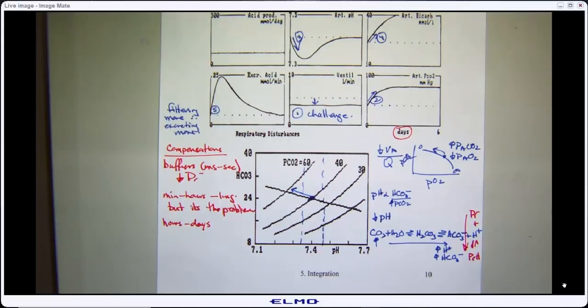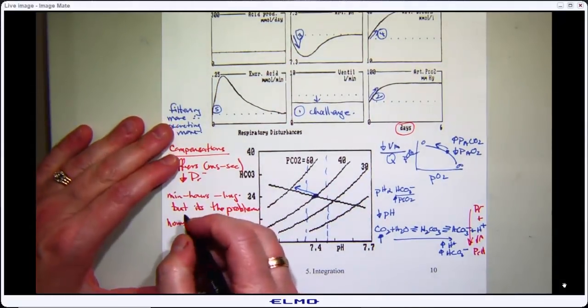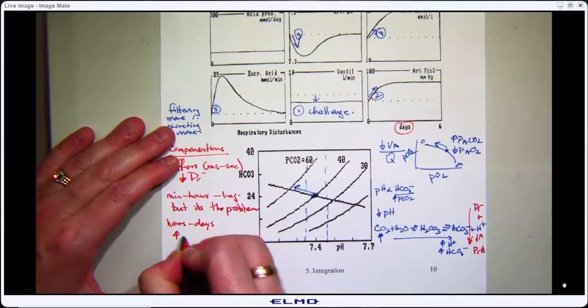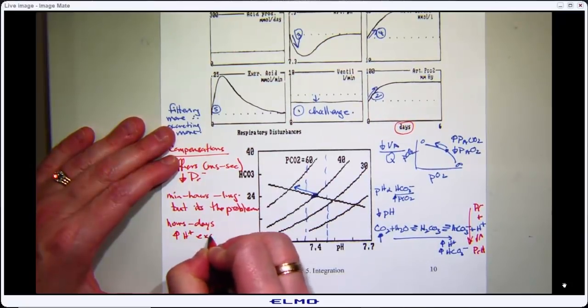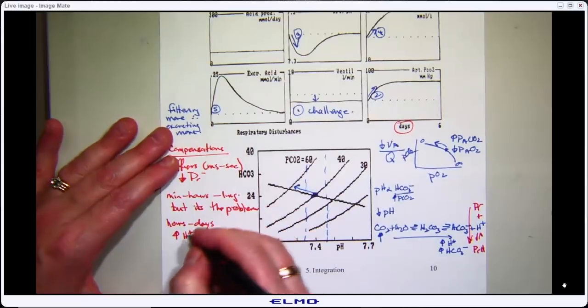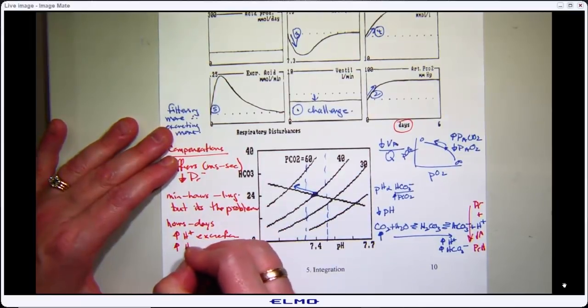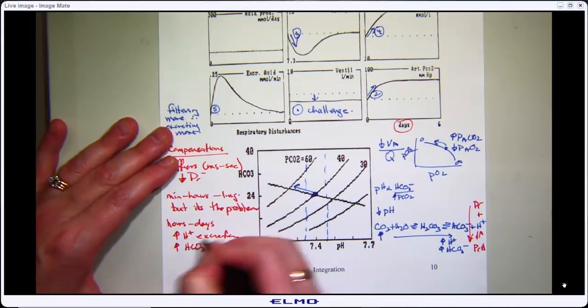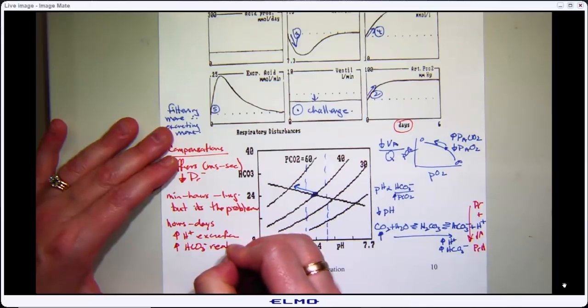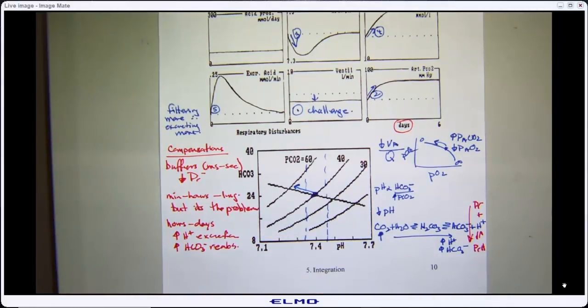You can, absolutely. So in order to fix this problem, we can increase hydrogen ion excretion, increase bicarb reabsorption. How did that happen?